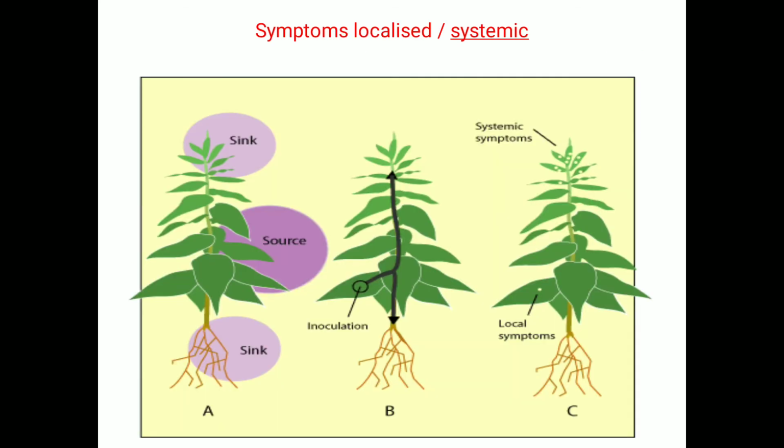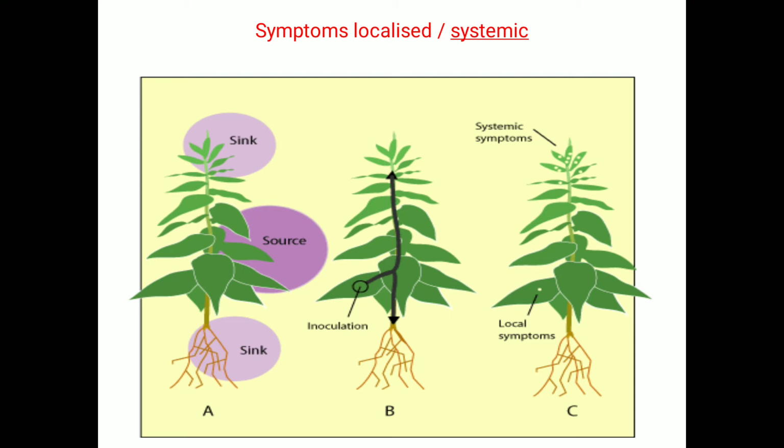We already described that. Suppose infection starts from the roots and, after causing infection there, moves through the system of the plant and causes symptoms in different parts of the plant. Then it is called systemic symptoms, that means it moves through the system of the plant. So this is about localized symptoms and systemic symptoms.